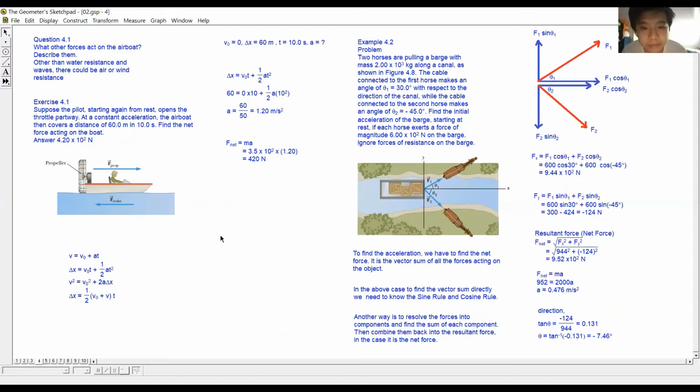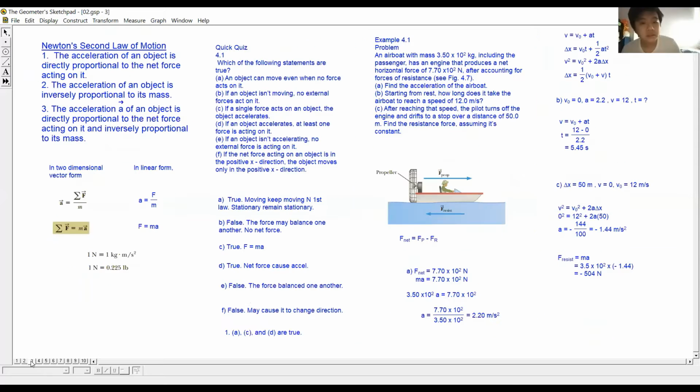Okay. This usually, I notice, they will give you one example, then they will ask you to try on your own. Exactly the same problem. They just change the number only. If you look at the previous question here, this is problem 4.1.